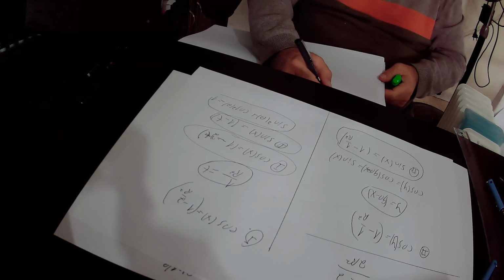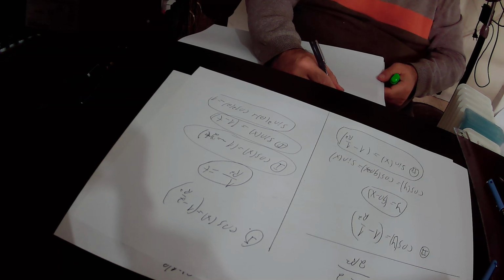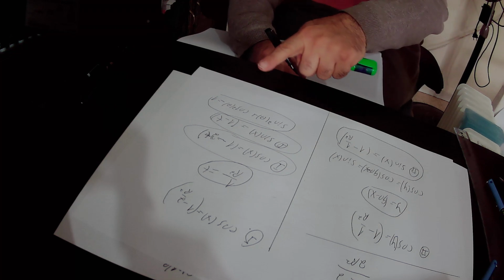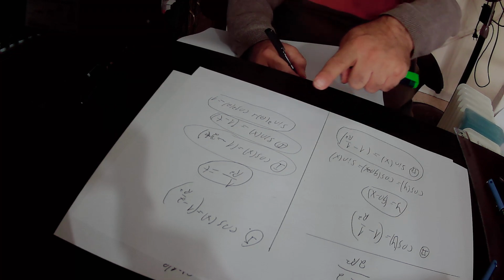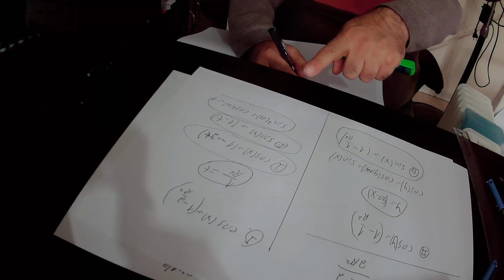Therefore, sinus square x will be equal to 1 minus t squared. We have cosine x equals 1 minus 2t.